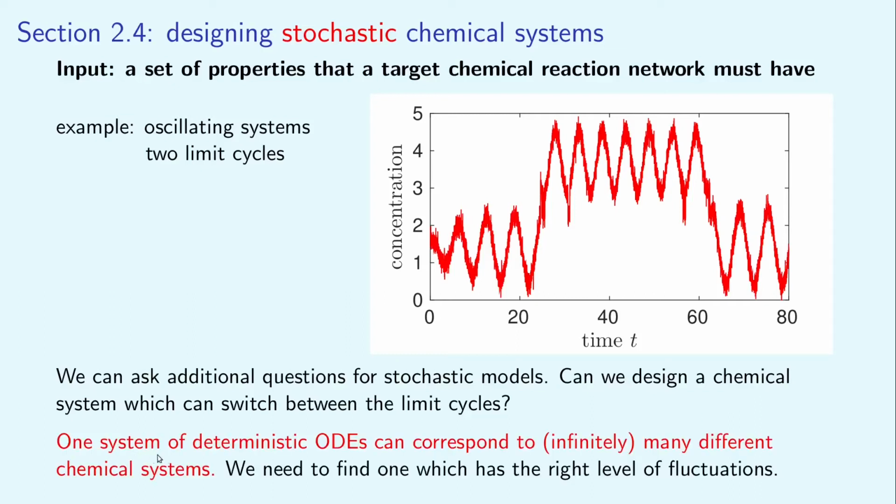Fortunately, one system of deterministic ODEs can correspond to infinitely many different chemical systems, which have different stochastic dynamics. In particular, there is some way to adjust the amount of stochastic fluctuations, which we add to the deterministic ODE model by considering the corresponding stochastic model.